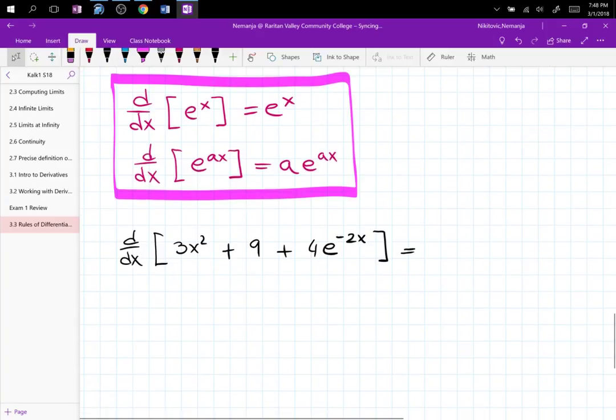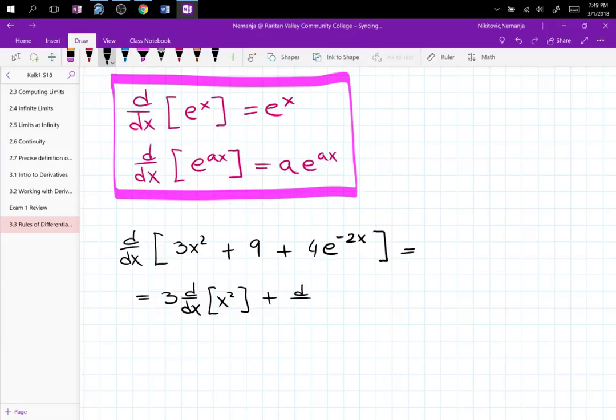All right. So, guys, let's go. Again, this step you might be skipping in the future, which is okay. 3 times the derivative of x squared plus the derivative of 9, which we know is what? 0. And then plus 4 times the derivative of e to the negative 2x.